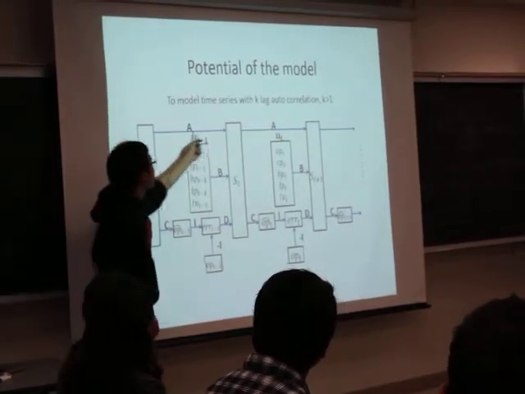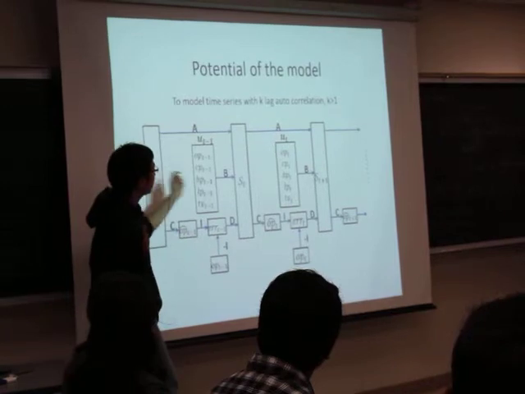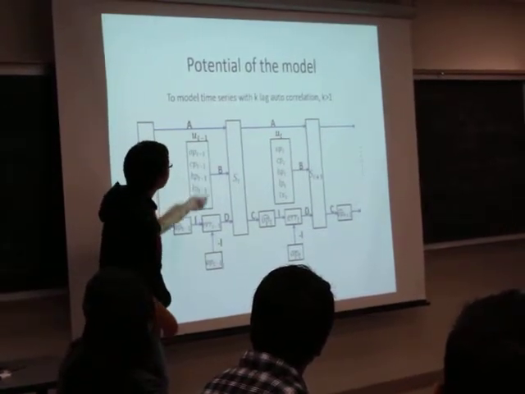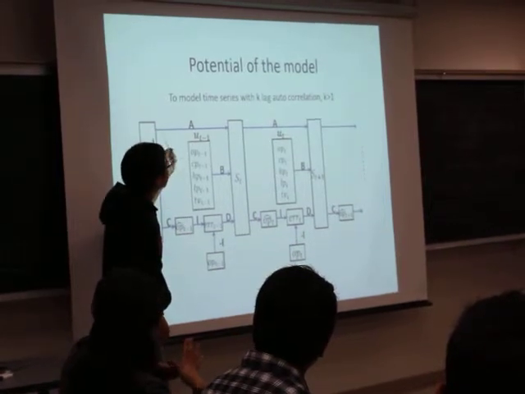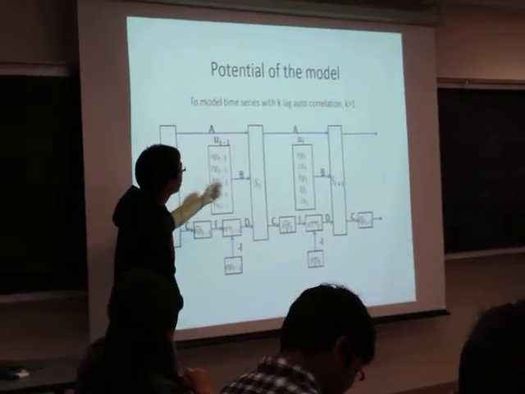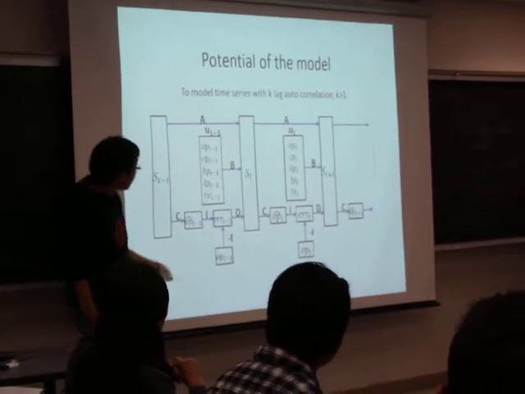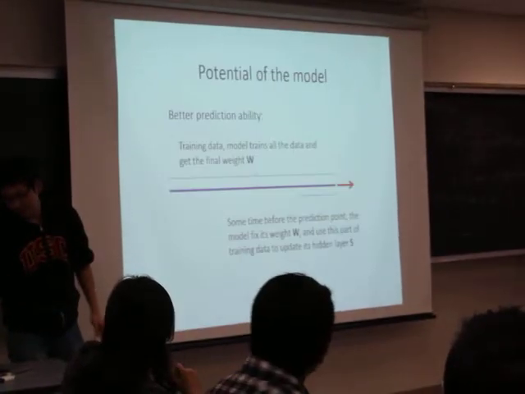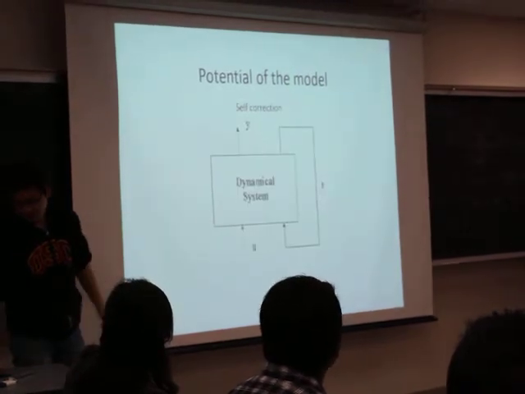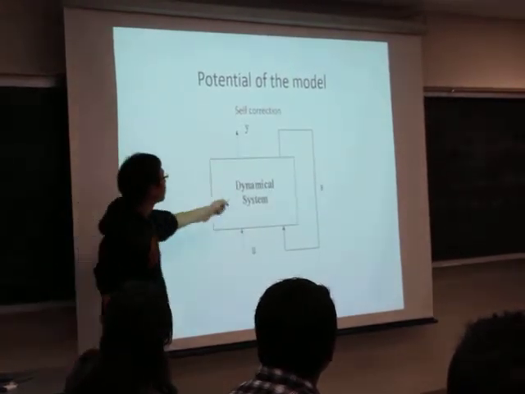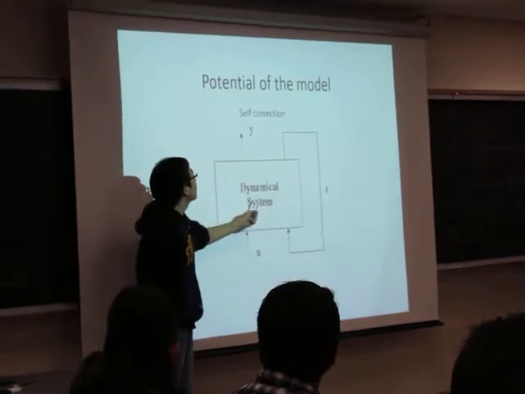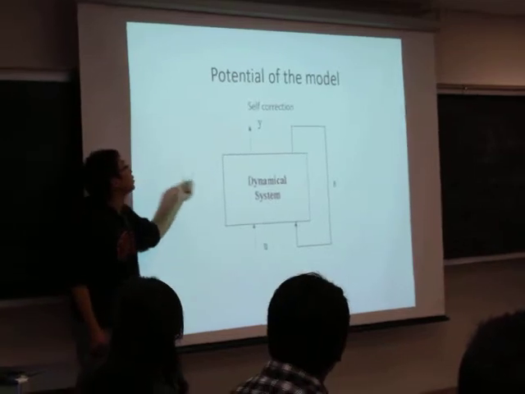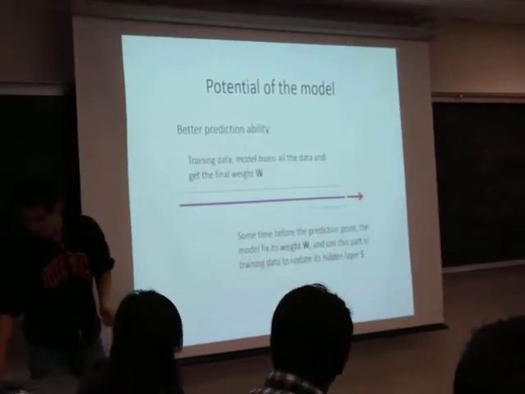First, if we connect the model like this, we can use this neural network to model time series with more than one lag. Also, the system uses the previous error as input for the next step, so it can do self-correction.